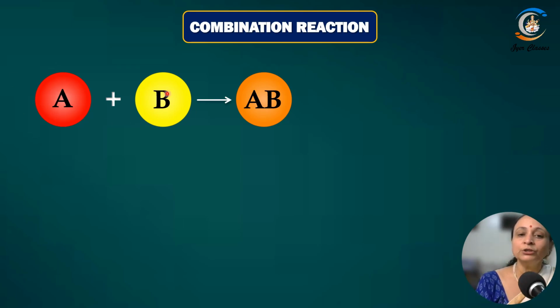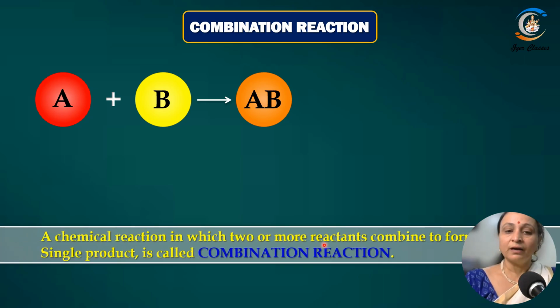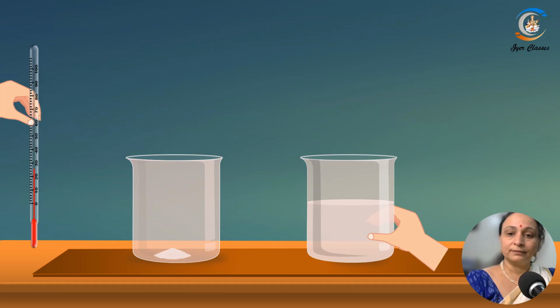If two substances combine together to give you a single substance, such a type of reaction is called a combination reaction. A chemical reaction in which two or more reactants combine to form a single product is called a combination reaction. We will discuss more about combination reactions in another slide, right?